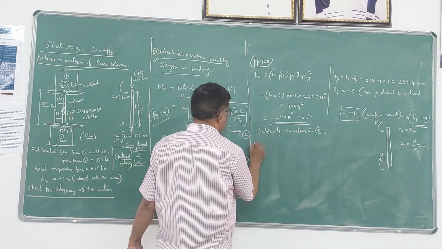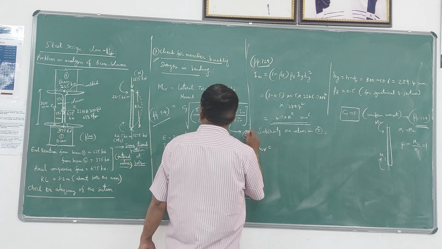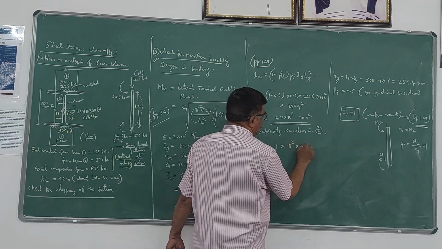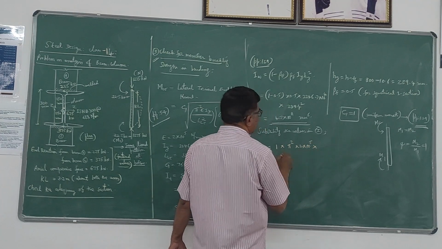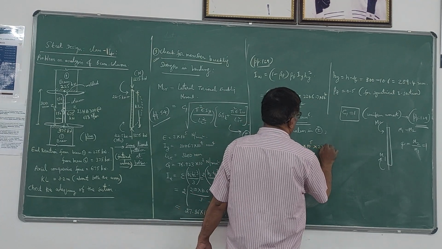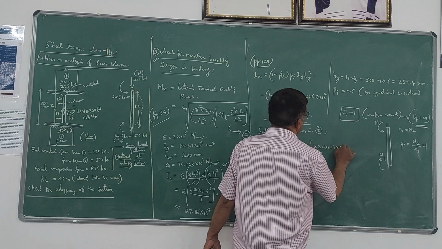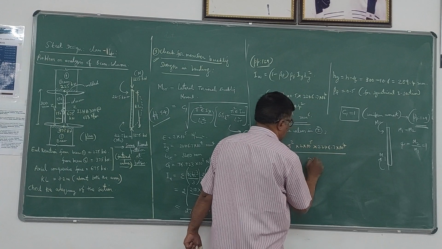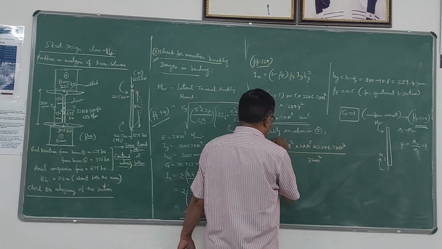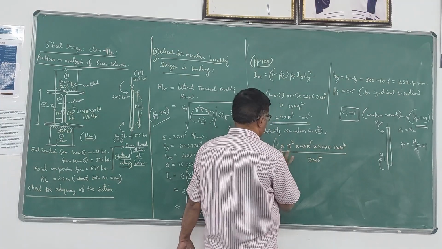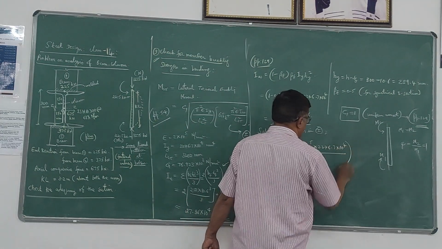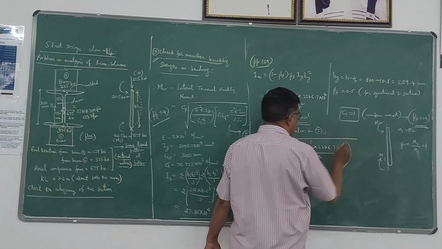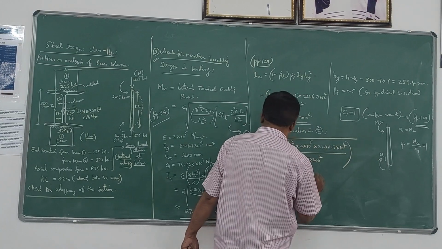Now substituting the values, you will get MCR is equal to C1, which is 1, into pi square into 2 into 10 power 5, the E value, into the Iy value, 2246.7 into 10 power 4, divided by 3200 square. This comes in brackets. You will be left with G into IT.